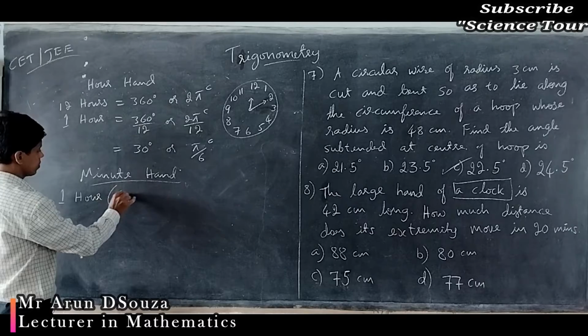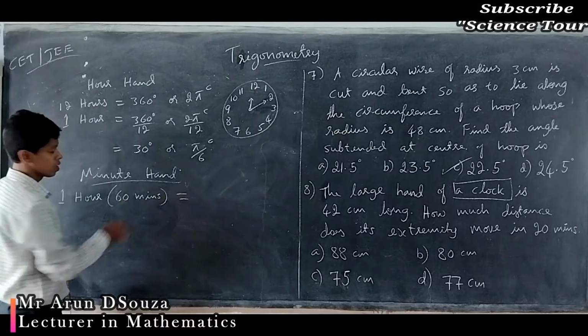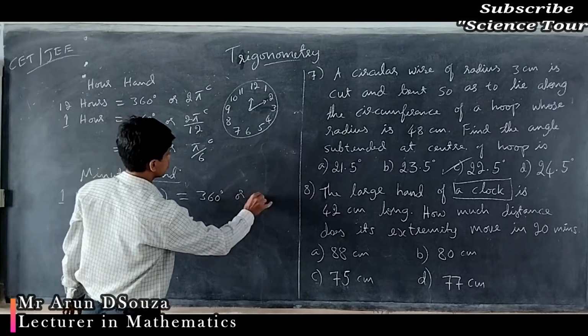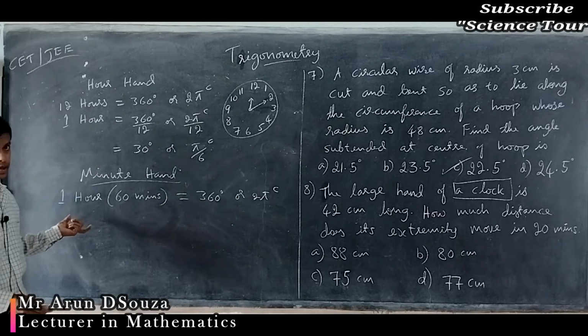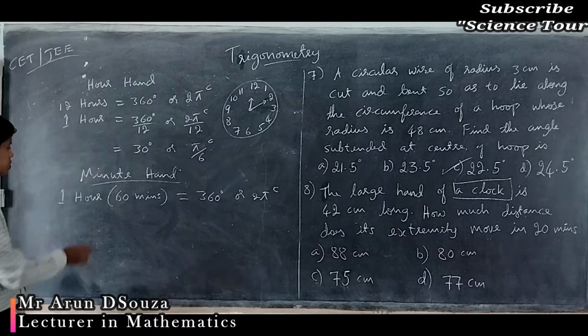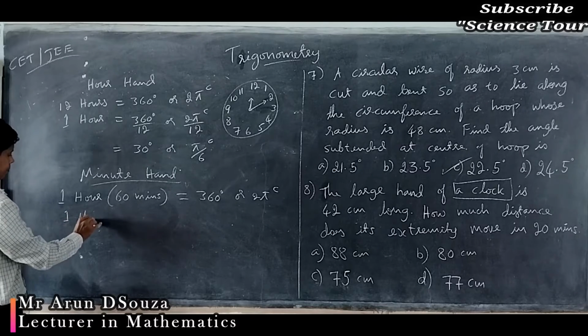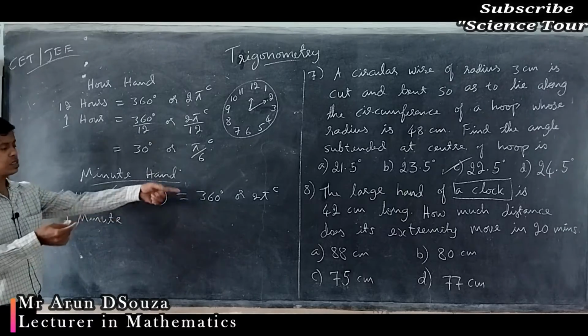So in 1 hour or 60 minutes, what is the angle made by the minute hand? 360 or 2 pi radian. So this is the angle made by the minute hand in 1 hour. Okay, so 60 minutes. So for 1 minute, you have to divide by 60.